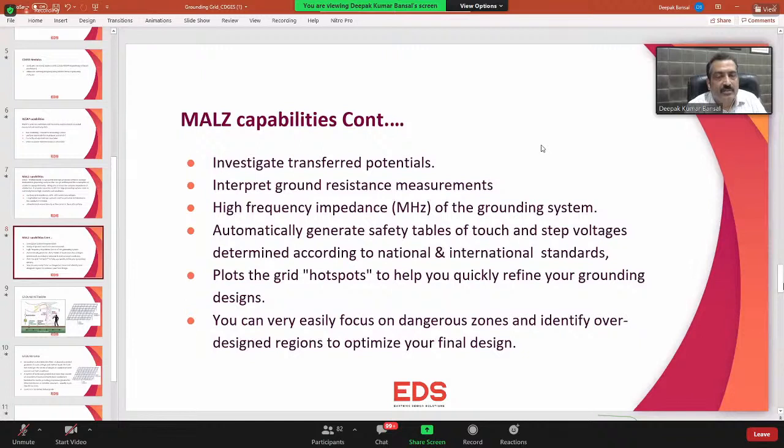And if it is not safe, going beyond the threshold limit, it will show in terms of hotspots. So it is very easy to visualize, diagnose and analyze the system. You can very easily focus on dangerous zones, as I told, and identify our design decisions to optimize your final design.